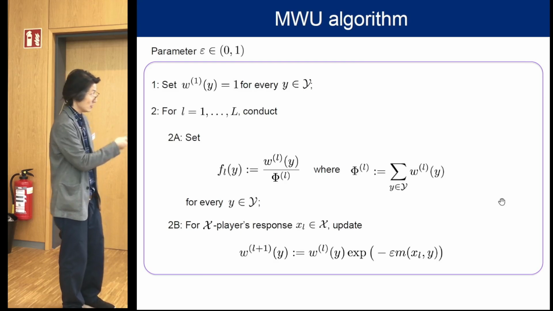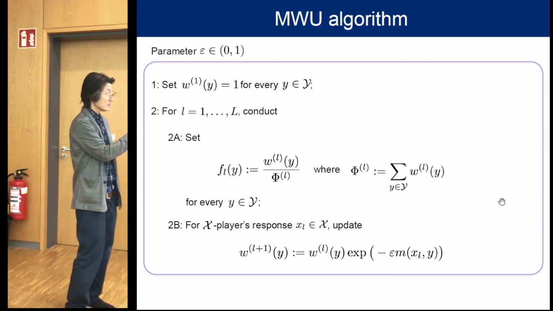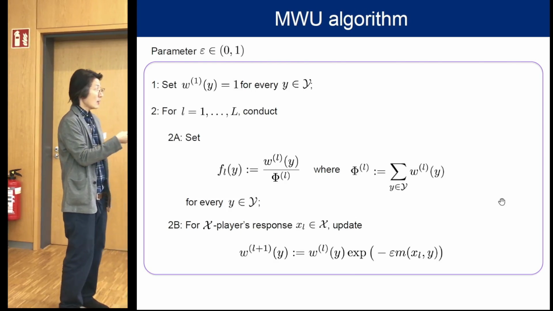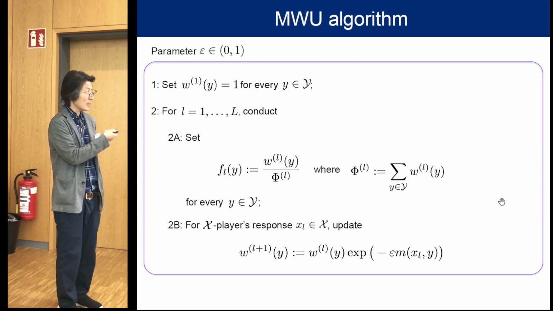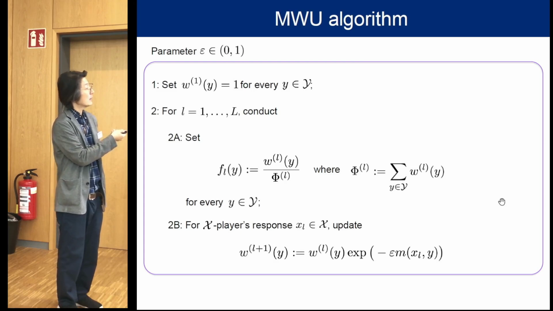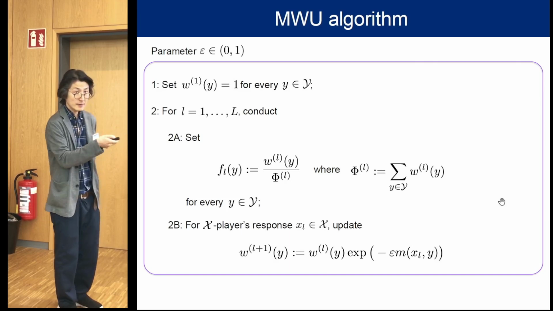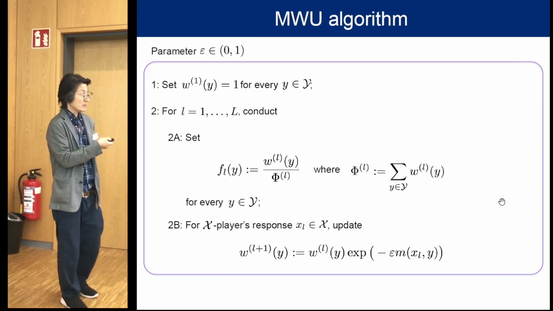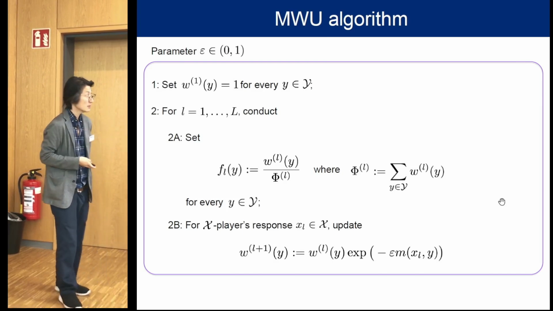This is just a summation. And then for given X player's response, x_l, we update the weight vector. So the updated weight vector, w_{l+1}, is the previous weight vector, w_l, multiplied by exponential of minus epsilon times this cost m(x,y). Okay. So we multiply this, and this is why we call this multiplicative weight update algorithm.